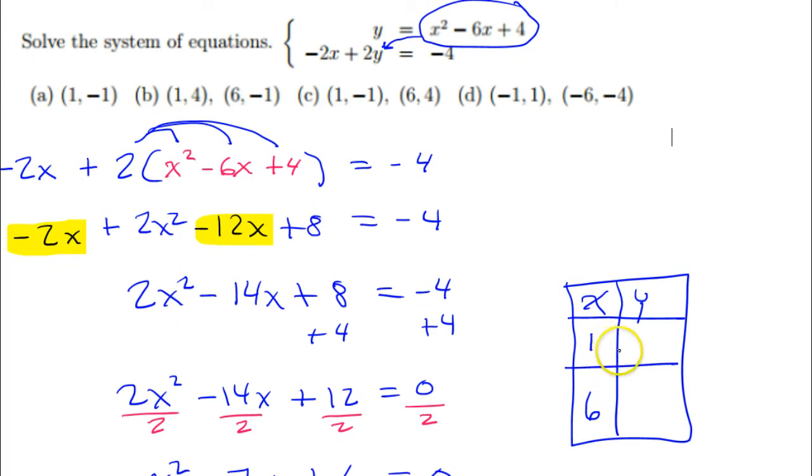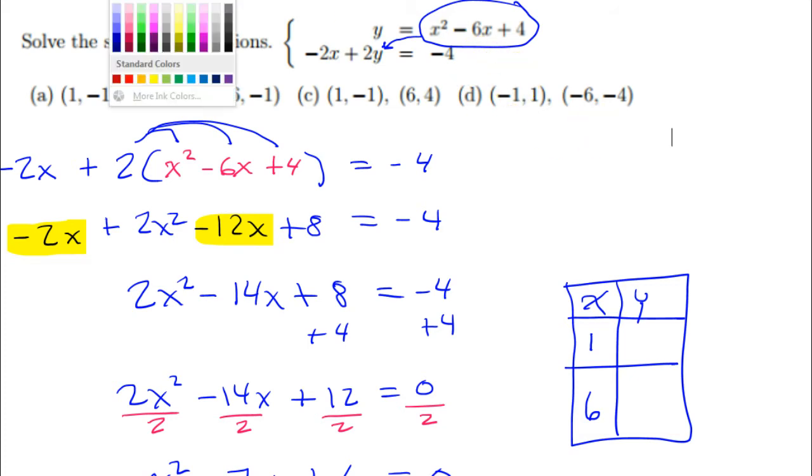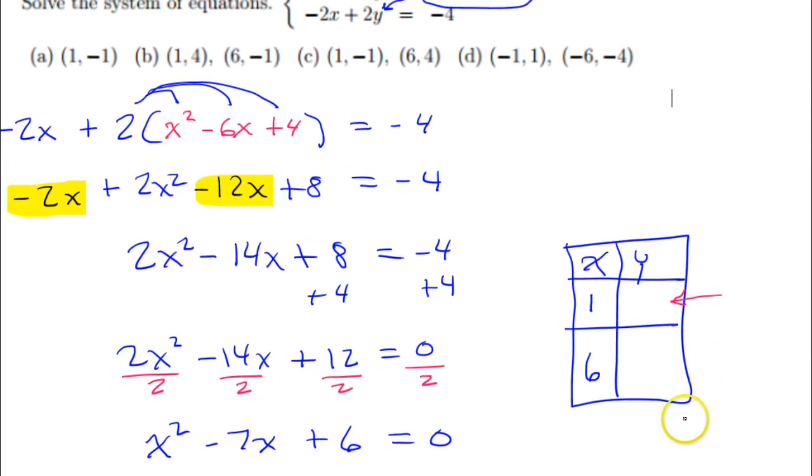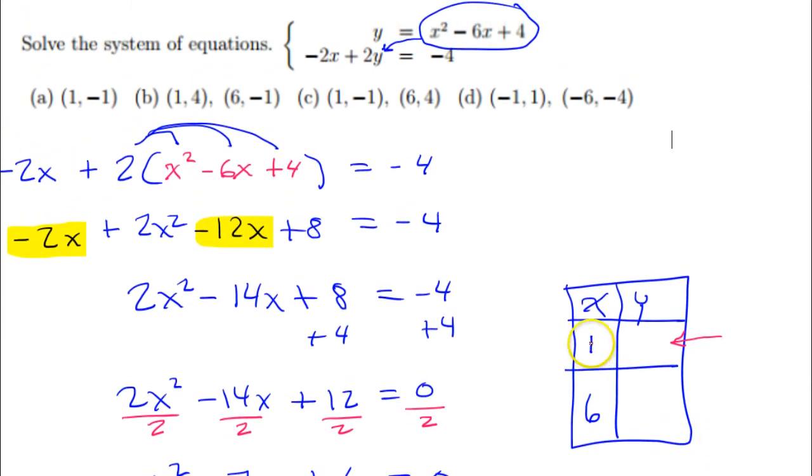So how will I get the y's? Well, what I can do is take these x's and substitute them back in to find out what y is. So for example, if I want to find this y right here, then I'm going to use 1. So y equals 1 squared minus 6 times 1 plus 4.